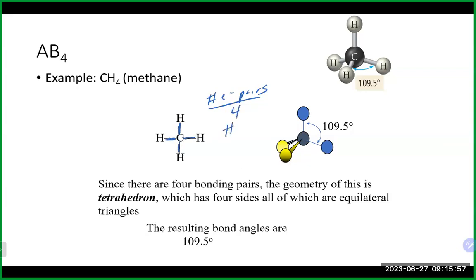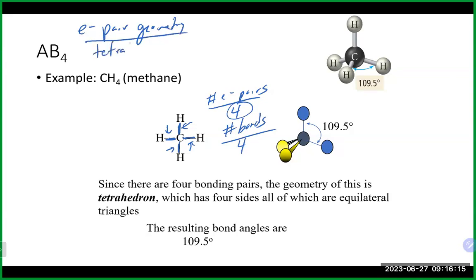And in terms of bonds, we also have 1, 2, 3, and 4 bonds. Something with 4 electron pairs, the electron pair geometry is tetrahedral, is what most books use nowadays. If you're old like me, tetrahedron, sometimes people will use.